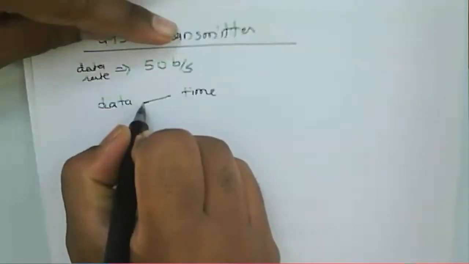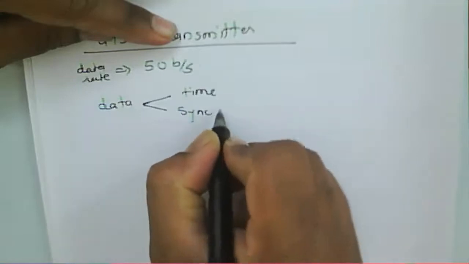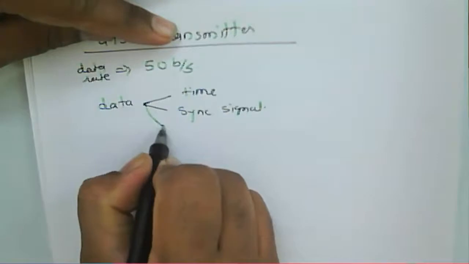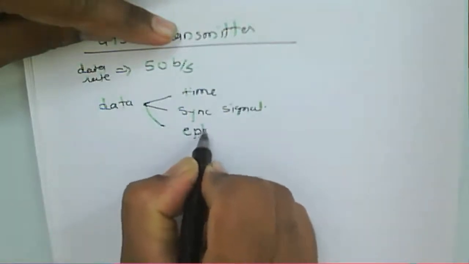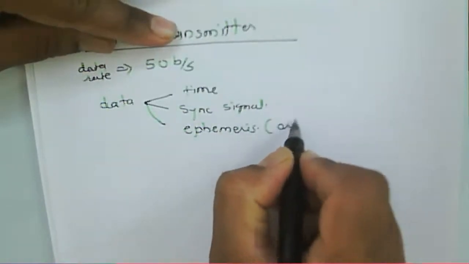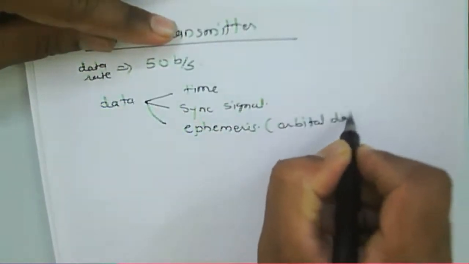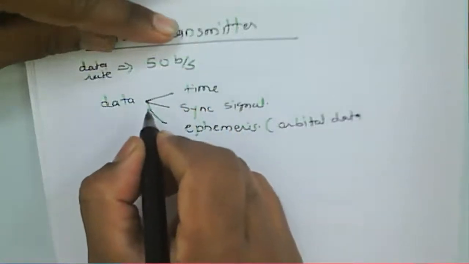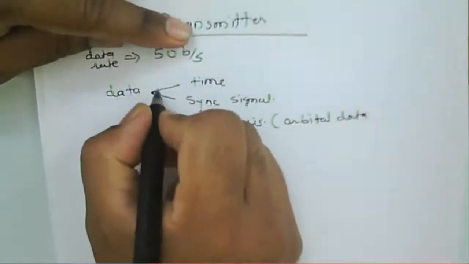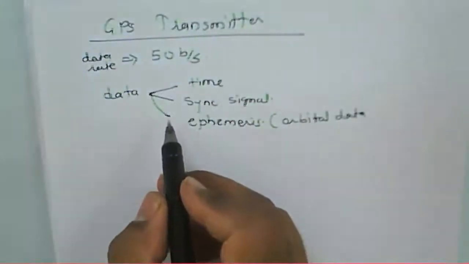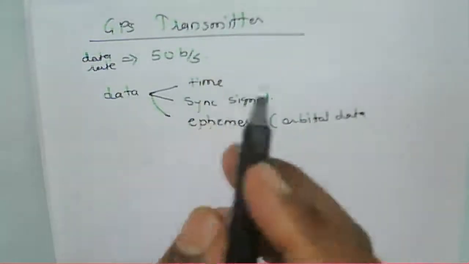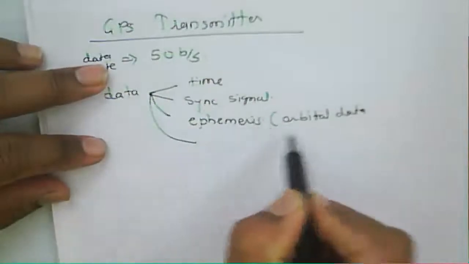Then we can say that it has a sync signal. It has ephemeris. That is nothing but orbital data. Ephemeris is what? Orbital data. And then it has information about the orbital data of the other satellites.